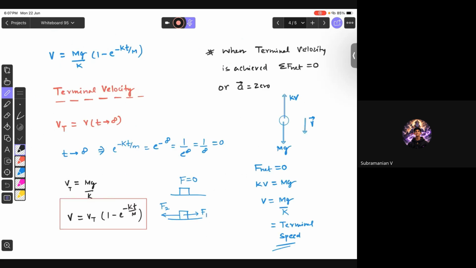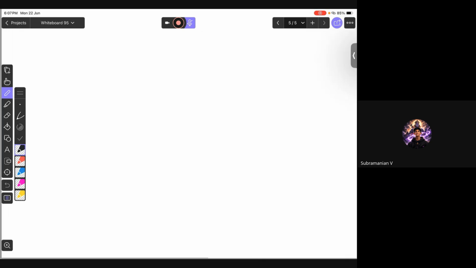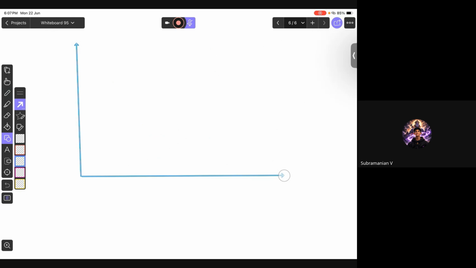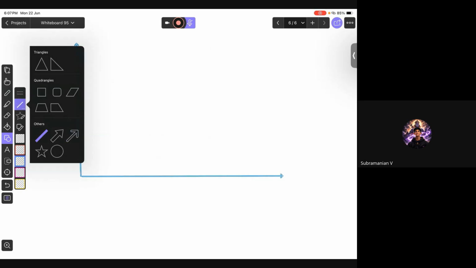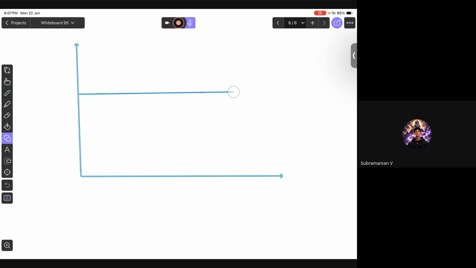Okay, now we will plot the graph of this function. And you should remember this graph forever. After a long time, the velocity will become equal to mg by k, and that is something we call terminal velocity. The graph of this always increases, starts from 0, shape concave down, and will become equal to mg by k after a long time, no?